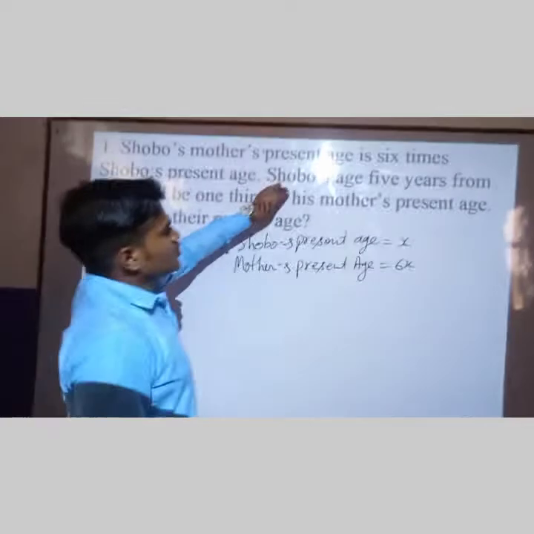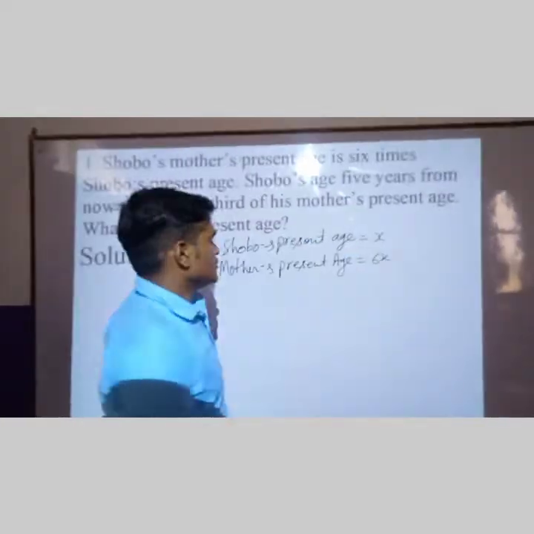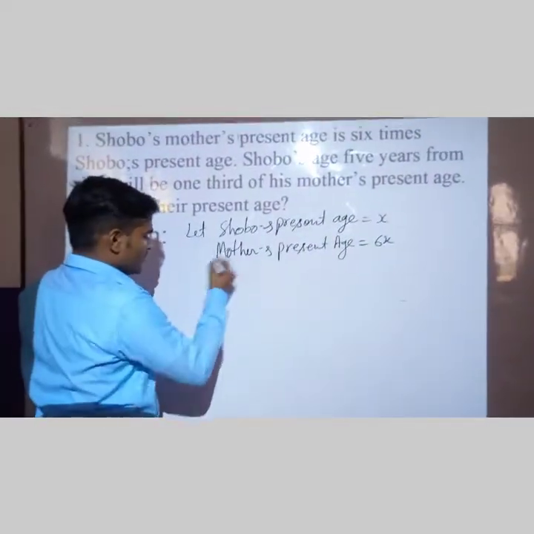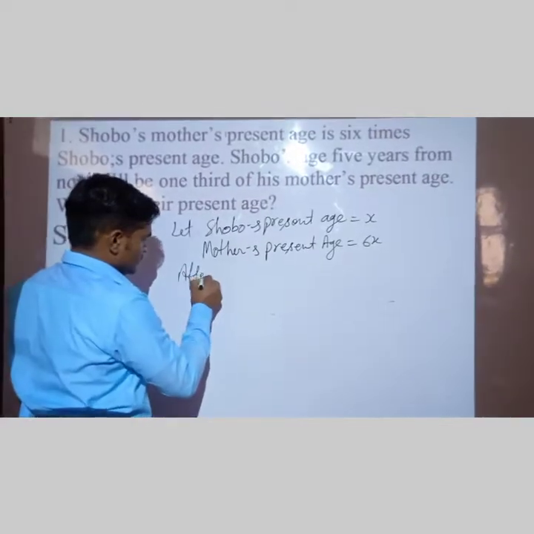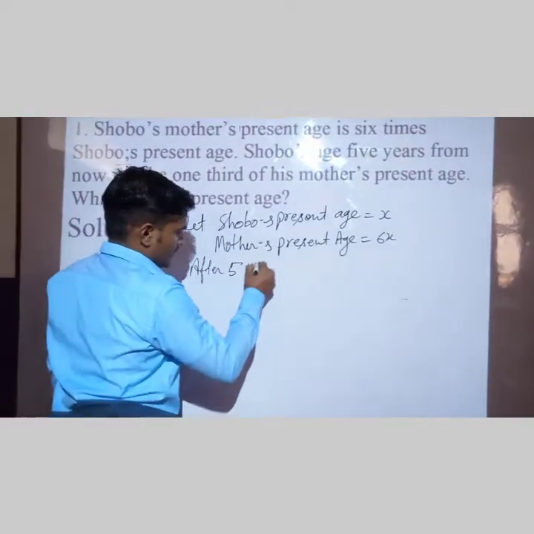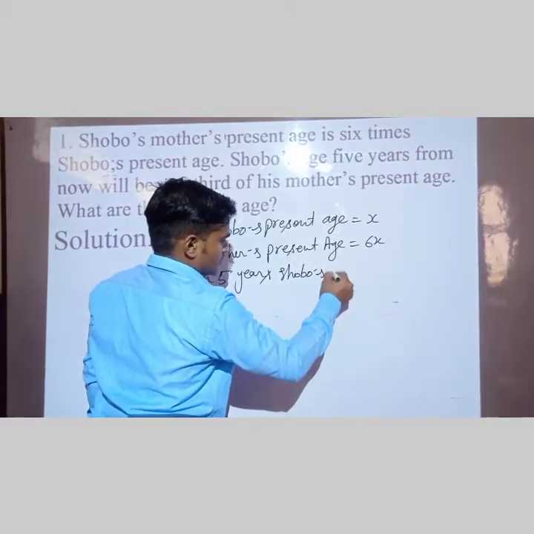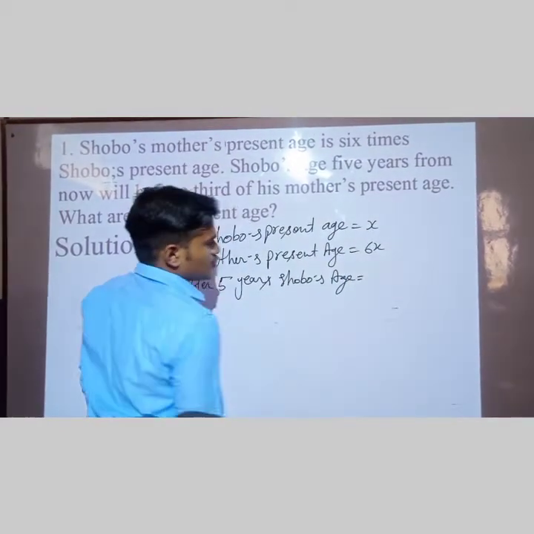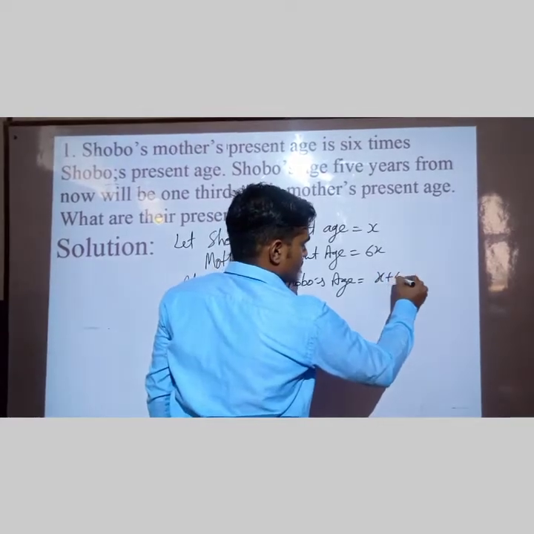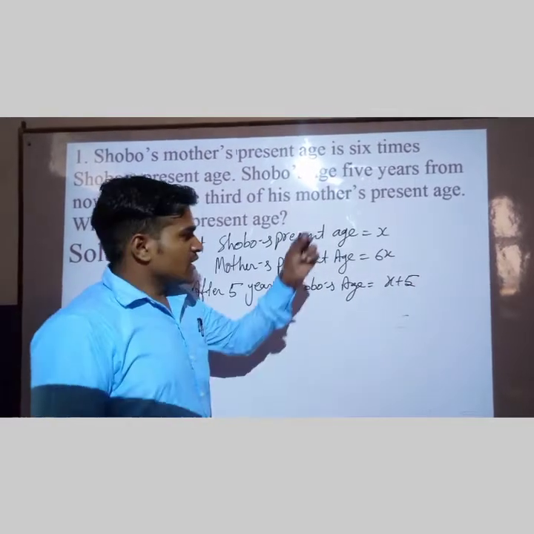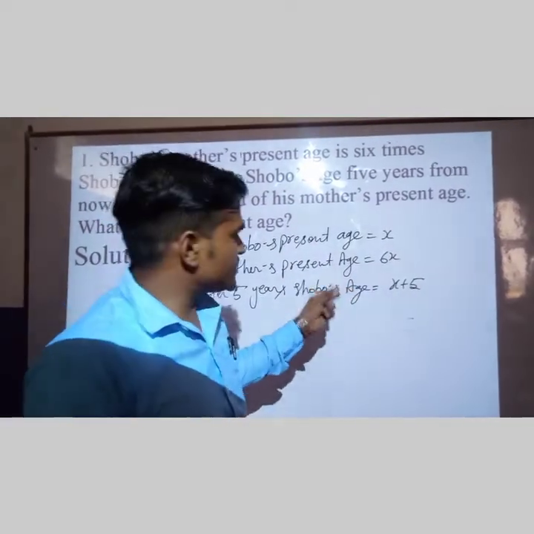Now it is Shibu's age 5 years from now. So after 5 years, Shibu's age will be x plus 5, because we considered his present age is x.